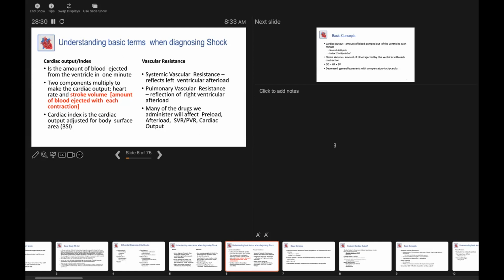Okay. Vascular resistance, remember SVR reflects the left ventricular tension or afterload. Pulmonary vascular resistance reflects the right ventricular afterload. And a lot of the drugs that we give, volume, inotropes, vasopressors, they're going to affect preload, afterload, vascular resistance, and cardiac output.